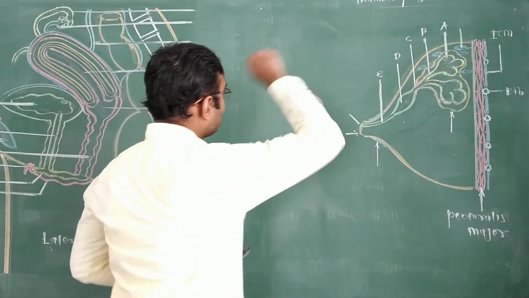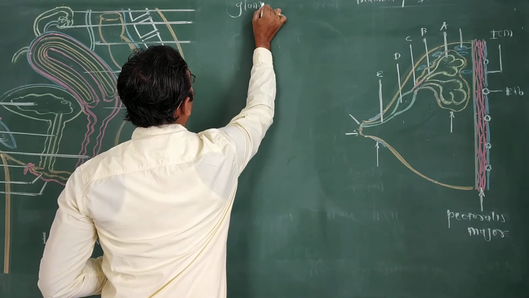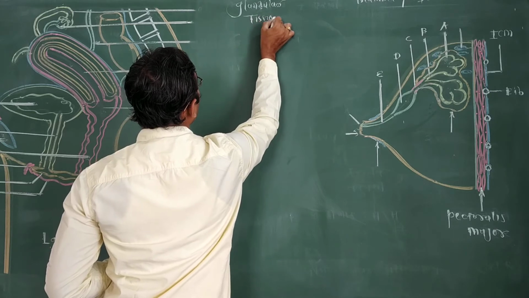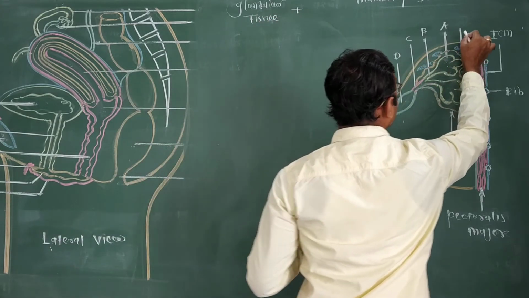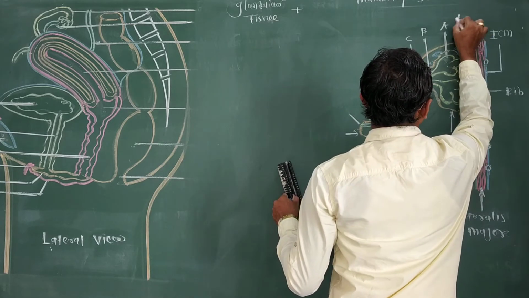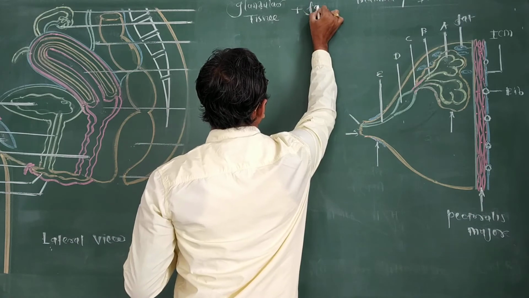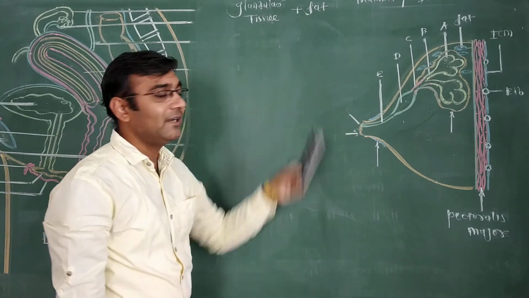Each mammary gland is made up of glandular tissue, meaning secretory tissue, and a variable amount of fat, meaning lipid. So the mammary gland is made up of glandular tissue and fat.